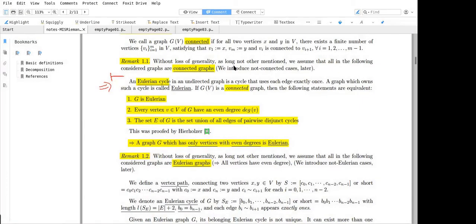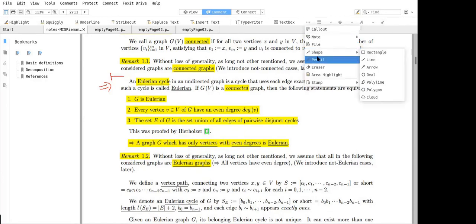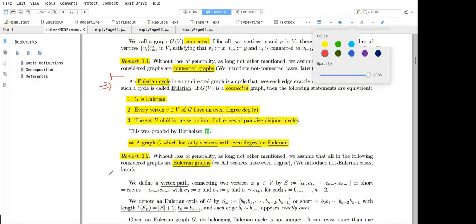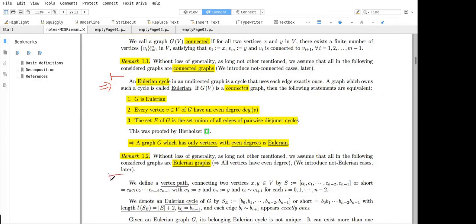So after considering our basic situation, what kind of graphs we're looking at, now let's look at the kind of representation, how we can write down an Eulerian cycle of a given graph.